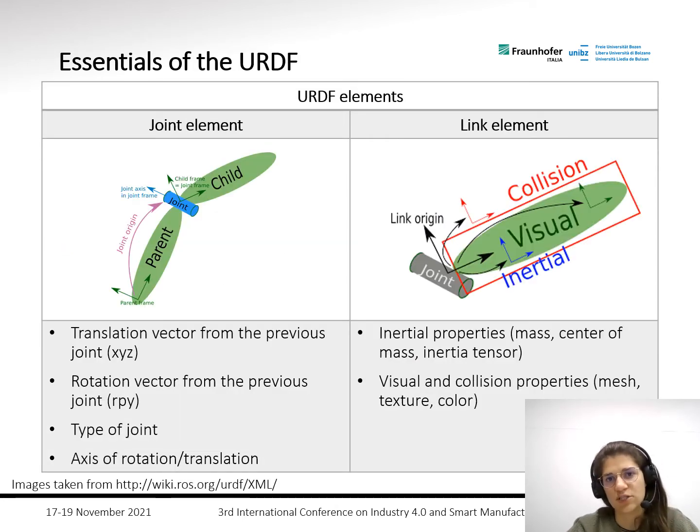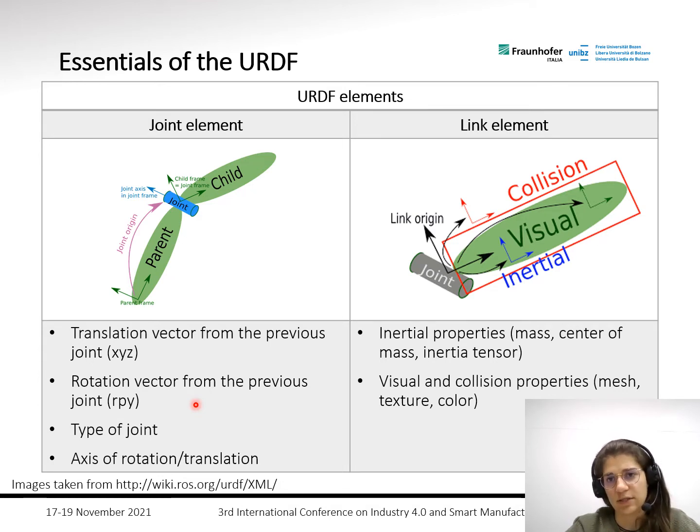In modular robotics, we talk about modules, while with the URDF, we talk about elements. The URDF, which is the convention established within ROS standards, presents two main elements, the joint and the link elements. The joint element describes each joint with respect to a translation vector and a rotation vector with respect to the previous joint. For the joint element, we also establish a type of joint and the axis of rotation and translation.